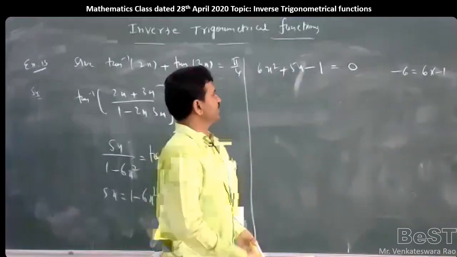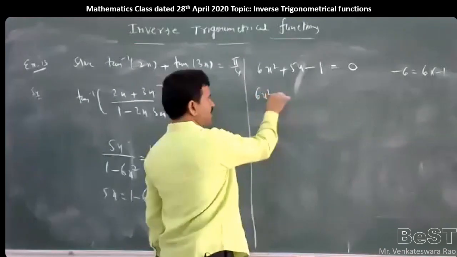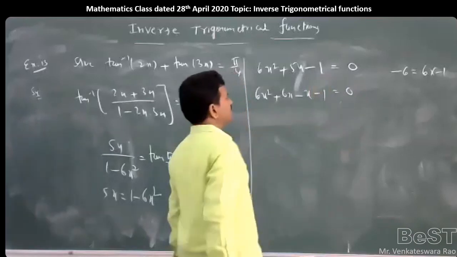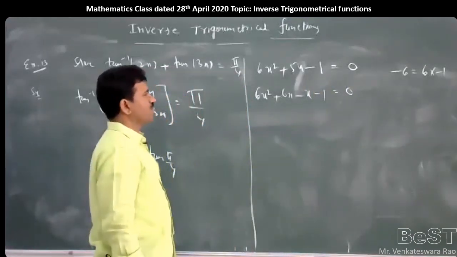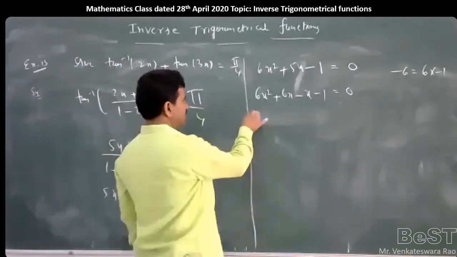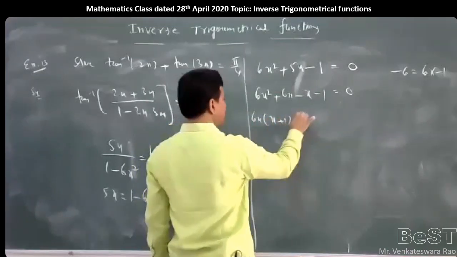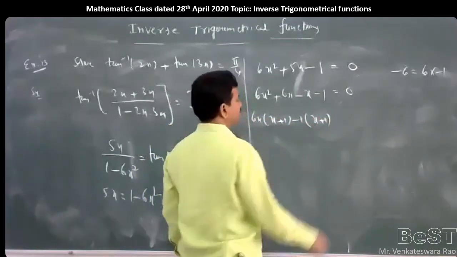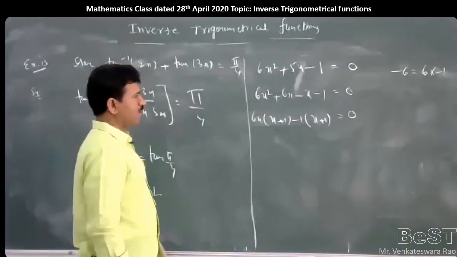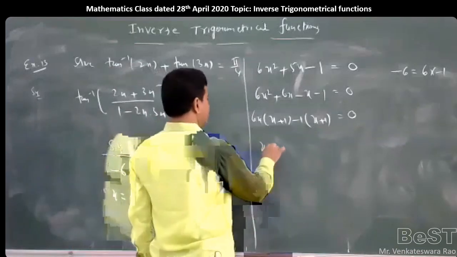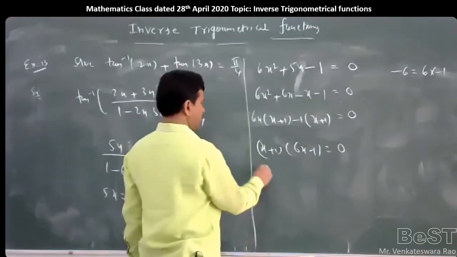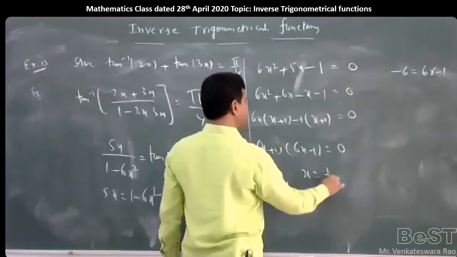So write those factors. This is 6x square plus 6x minus x minus 1 is equal to 0. Here 6x common, x plus 1, minus 1 common, this is x plus 1 is equal to 0. So x plus 1 common, it is 6x minus 1 is equal to 0. So x is equal to minus 1 and x is equal to 1 by 6.